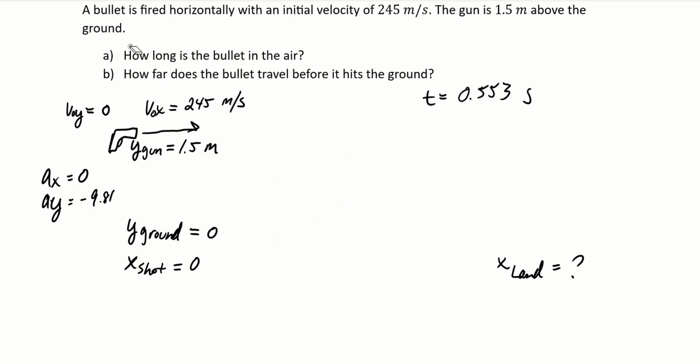Basically we need to figure out, where does the bullet land? How far away from the chamber of the gun? So I'm defining my initial position as the x position of the chamber, and so I'm calling that 0. And now we need to figure out where this lands. So we're going to, again, use my favorite equation, but we're going to use it in the x direction.